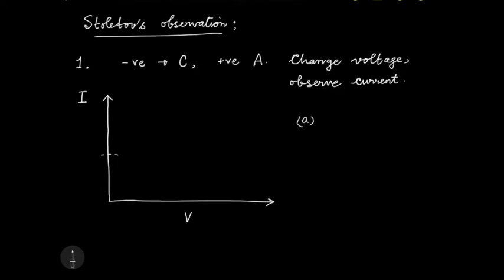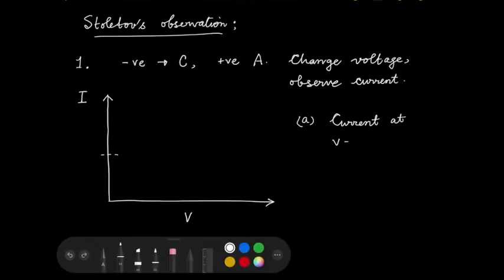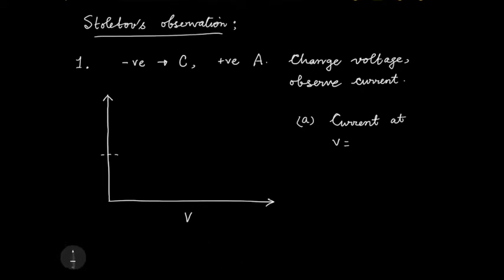What I'm plotting here on the y-axis, let me call this small i instead of capital I, because that is what one uses for changing current. Small i is the changing current, and I will use capital I for the intensity of the light.